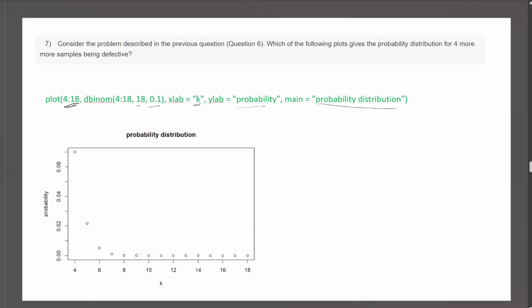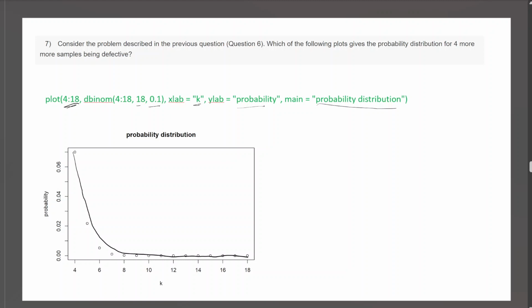For the answer we got in the last question, we want to plot from 4 to 18. This is the plot we are getting. This is how the plot looks.